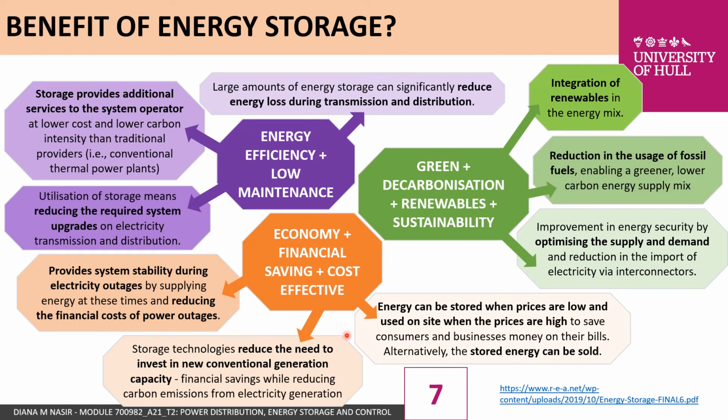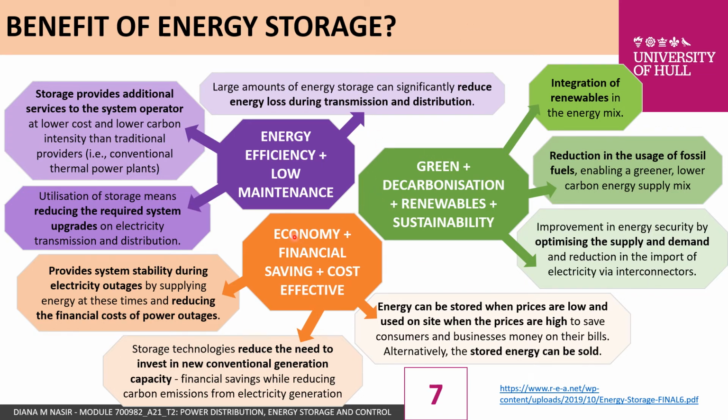Then we can save more costs, and it will help in terms of creating new business revenue. The energy can be stored when the electricity price is low, and we can use it on-site when the price is high. Also, the financial costs of the power outage can be reduced as the energy supply system is more stable.